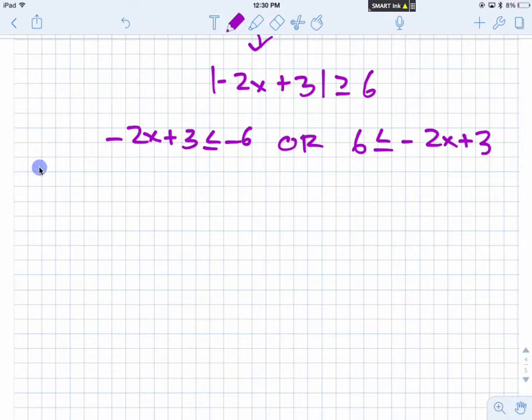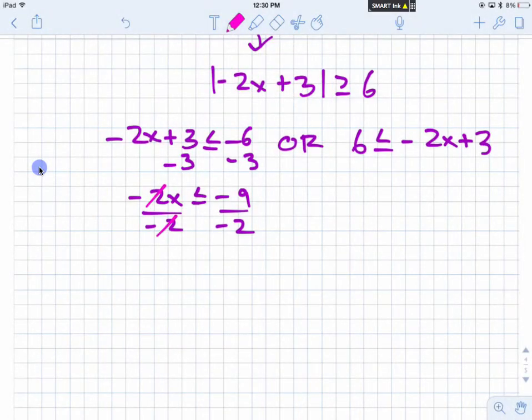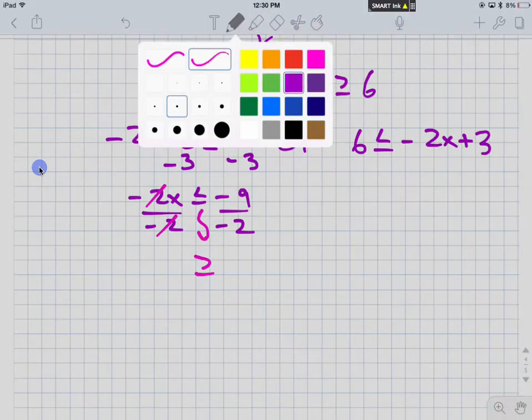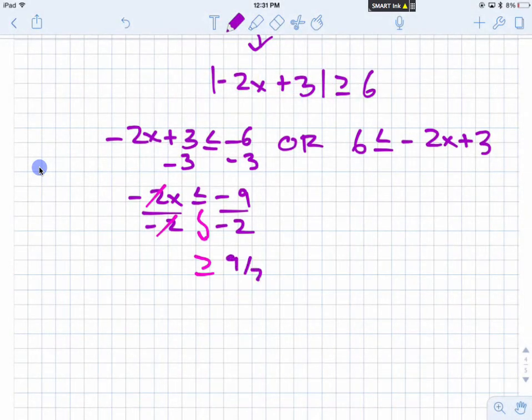So let's do it. So subtracting 3 from both sides, negative 2x is less than or equal to negative 9. When we divide by negative 2, just like always, we are going to have to switch the direction of that inequality. Let's see what the implications are. All right, so x could be greater than or equal to 9/2, or let's solve this side.